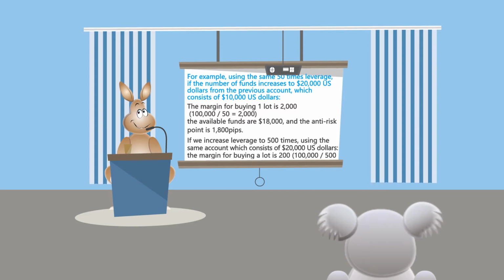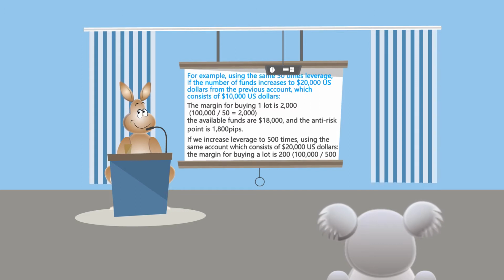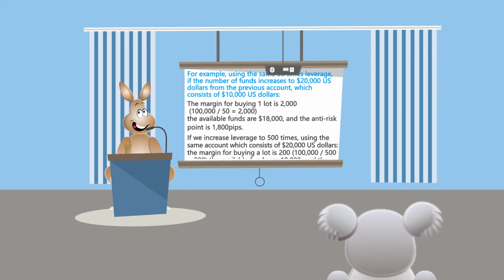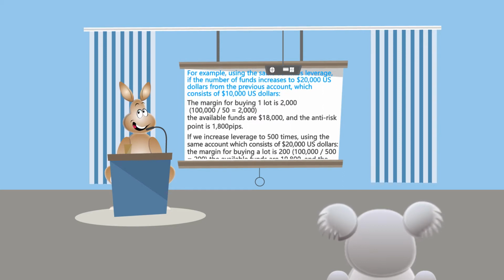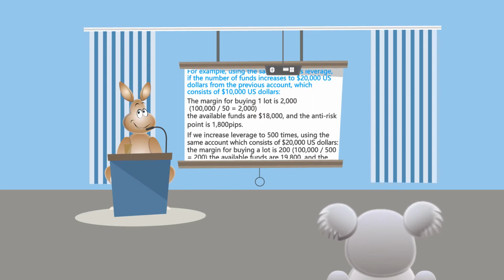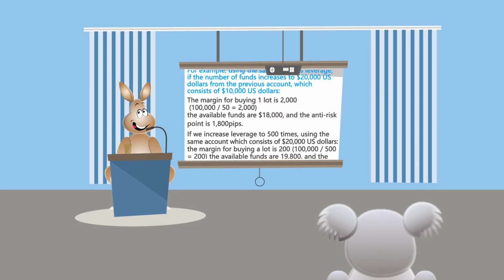The available funds are 18,000. If the transaction for one lot, $10 changes when there is 1 pip change. So the margin call is 1,800 pips, 1,000 pips more than the previous margin call.